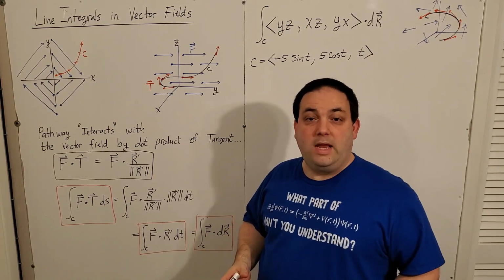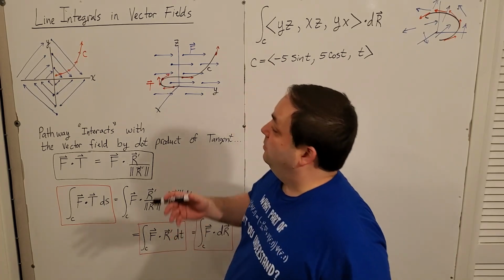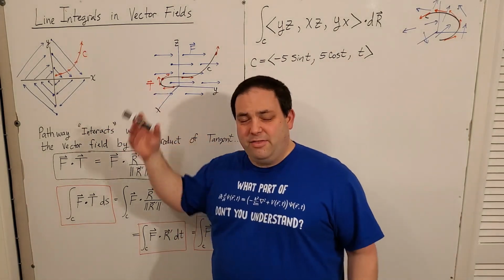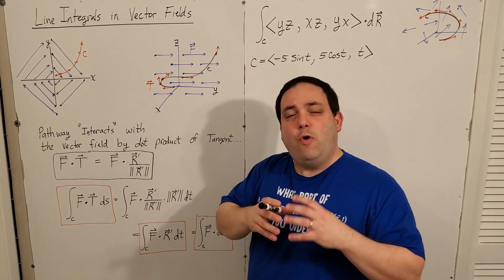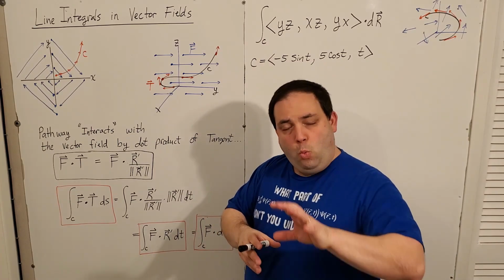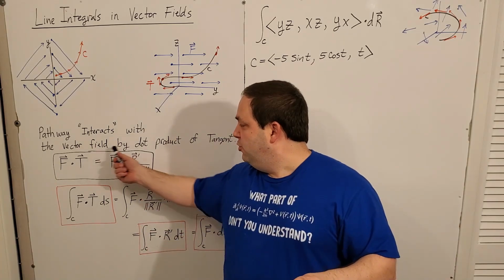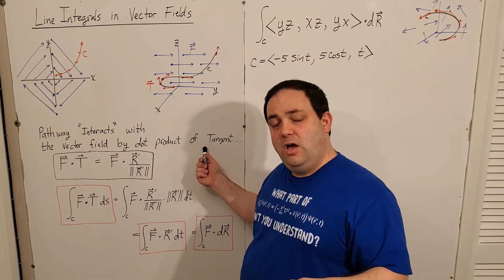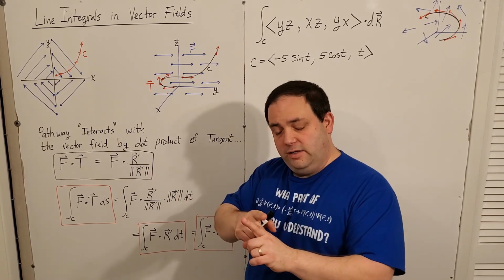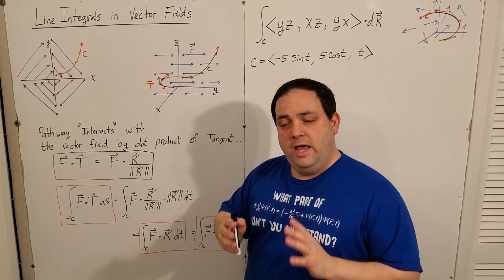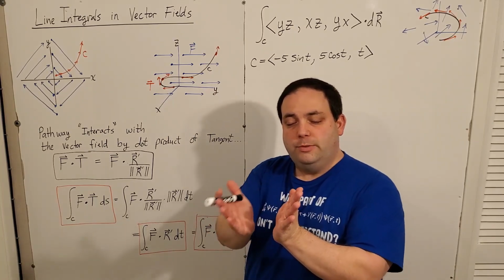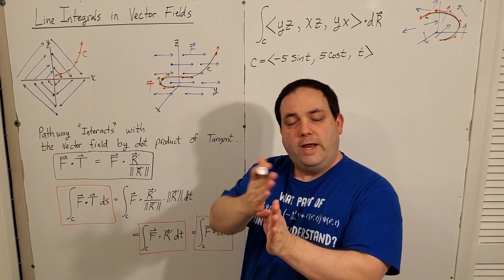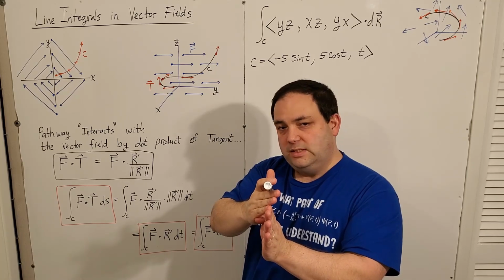Okay, a vector field, don't forget, is a function that assigns a vector to every point in some domain, right? So if I put a path inside of that vector field, then I can interact that path with the vector field by using the tangents of the path dotted with the vector field itself. And remember, dot product is all about how much does one vector contribute into the direction of the other vector that it's being dotted with, right?